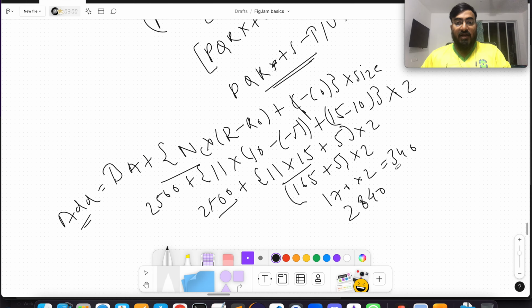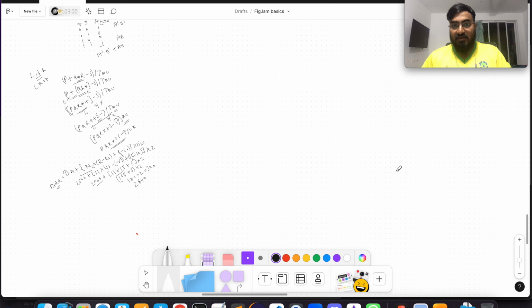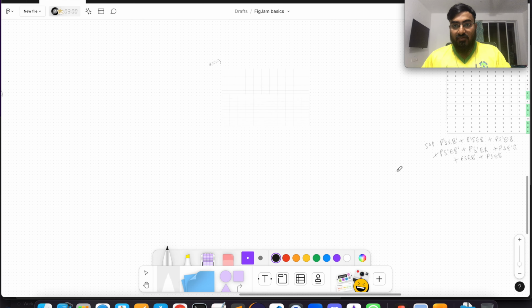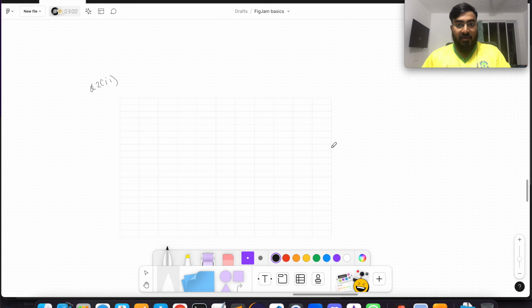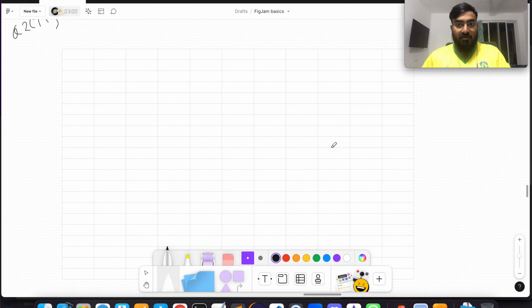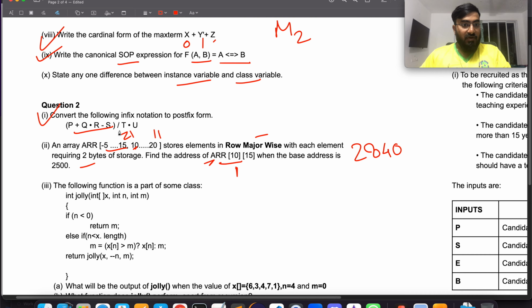Now the other way you can do this is, let me give you an example. Imagine this is your 2D array, the way it is stored. We have 21 rows, right?